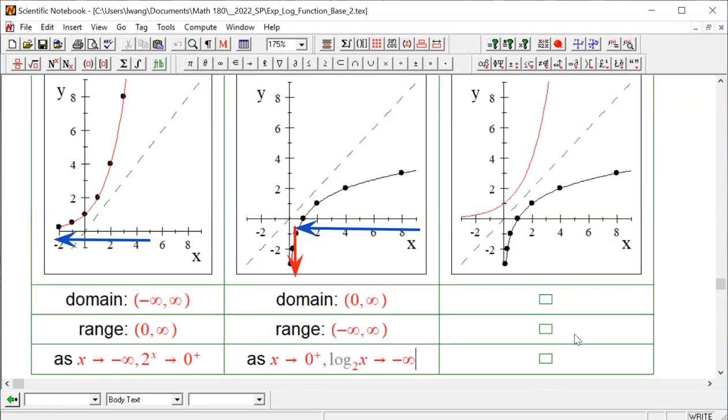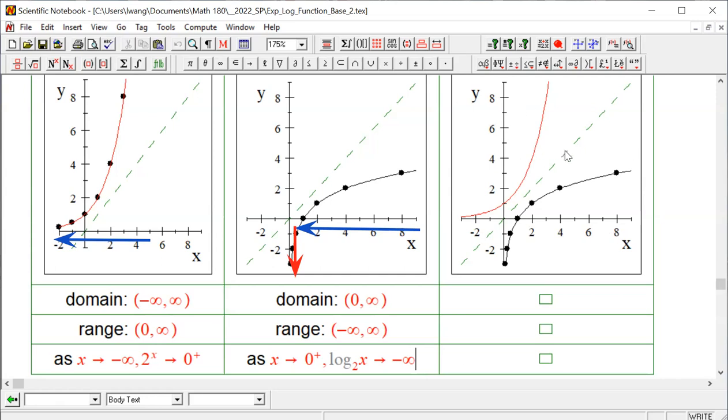Okay, this is something you'd like to know for your calculus class. And you can see the notation really comes by very naturally. Okay, so this is putting together these two curves.